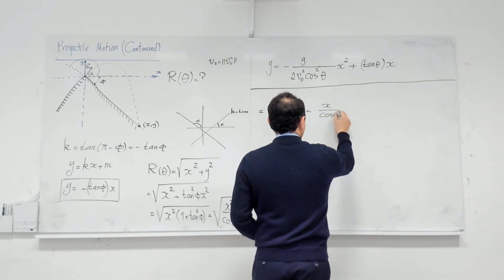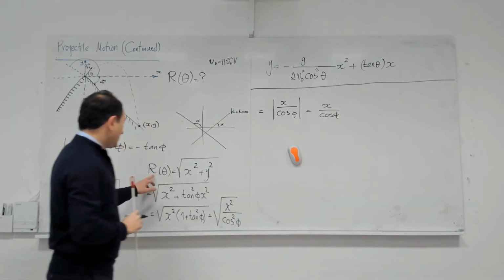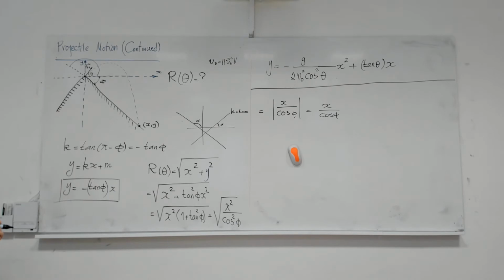So you might say that, okay, I was supposed to find r as a function of theta, but apparently I found r as a function of phi. How do you answer this? I am supposed to find r as a function of theta.